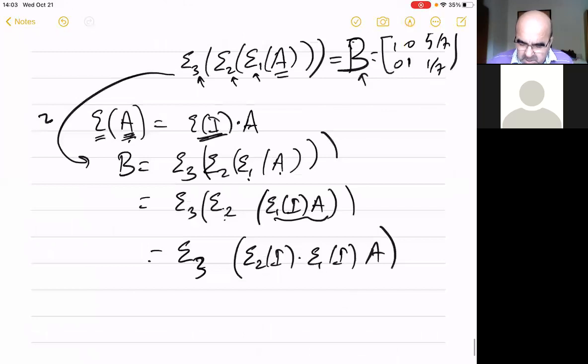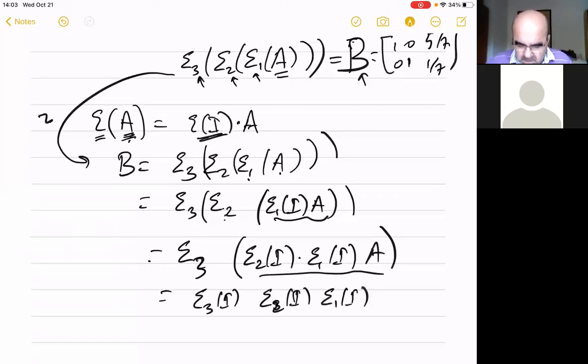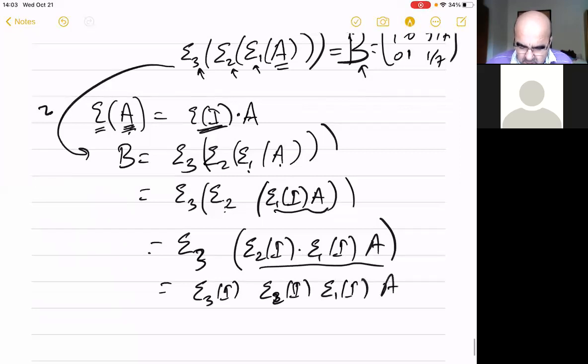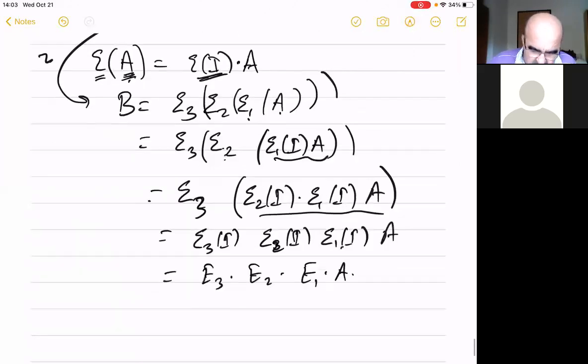Similarly, we have a matrix, and then we apply this operation epsilon3. That means epsilon3 times identity times epsilon2 identity times epsilon1 identity. This is A. And above, I said this is E3, this is E2, and this matrix is E1 times identity.